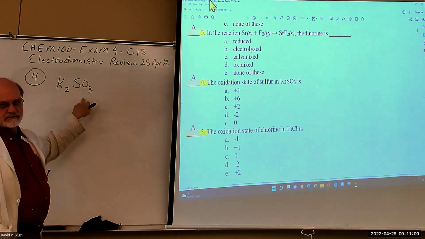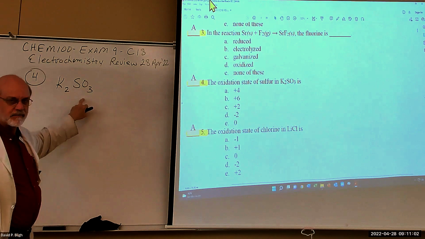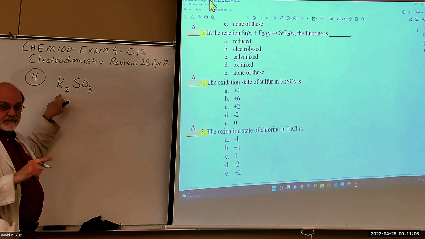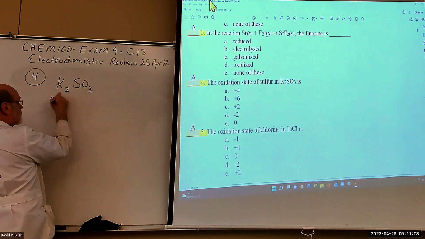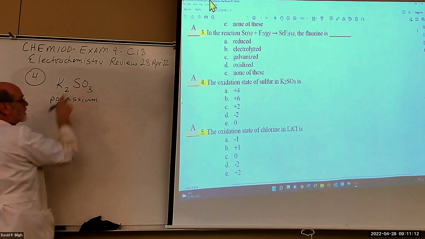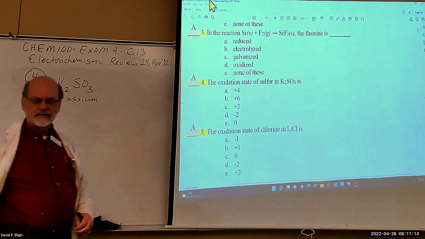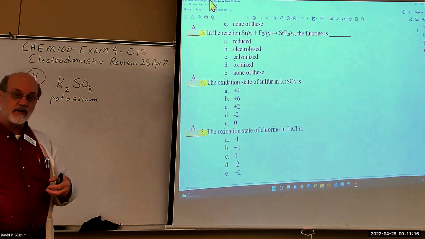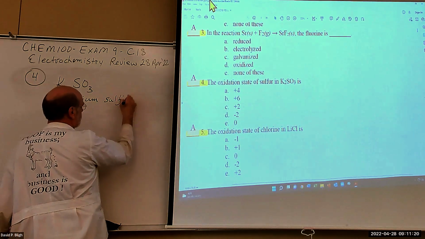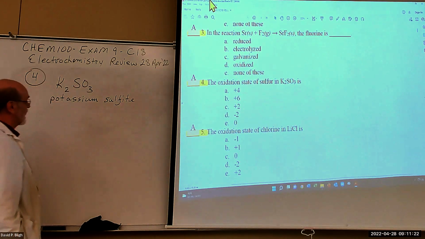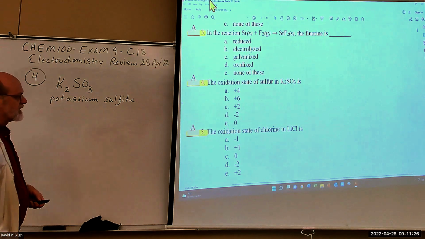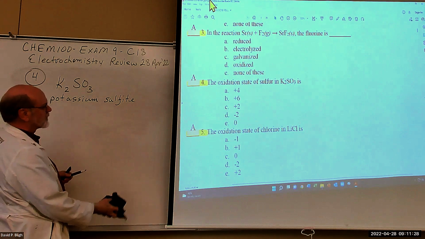Metal, polyatomic ion. A metal with only 1 possible charge, type 1. So this would be potassium. Then we have to know, what is SO3? SO3 is a polyatomic called sulfite. So that's the name.